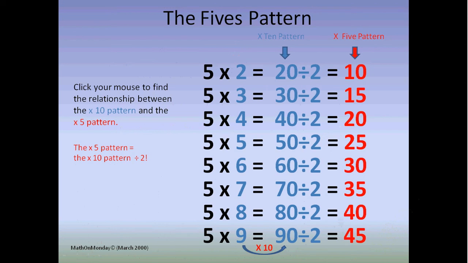All right, let's take a look at each one of these and notice something. When you're multiplying by 5 and you have an even number, the result always ends in 0. This is a good reminder. When you have an odd number like 3, 5, 7, and 9, it always ends in 5.